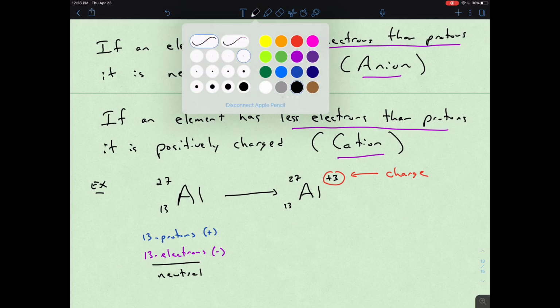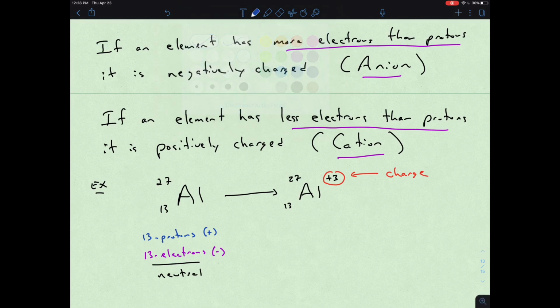On the right, we have our aluminum. It still has the same number of protons, but now differs in the number of electrons. And so that gives us an overall difference of +3.